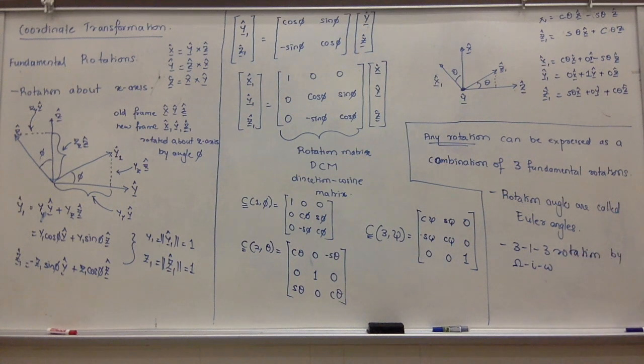about inclination. Inclination is again an angle. You do a 1 rotation about the new x-axis. It is about this axis now. So if I do this, it will become inclination.